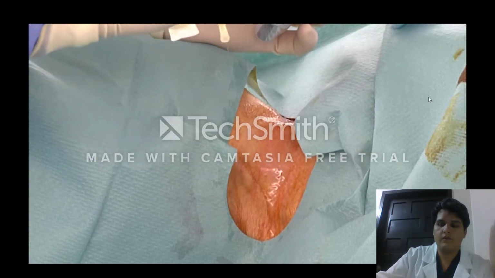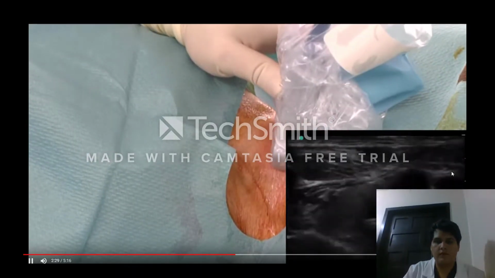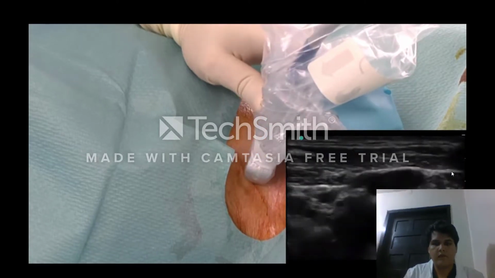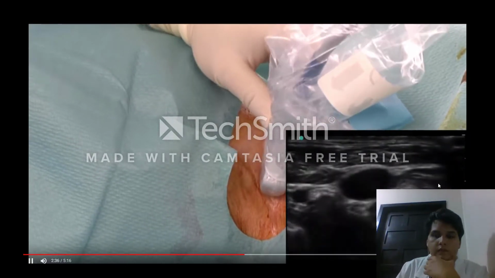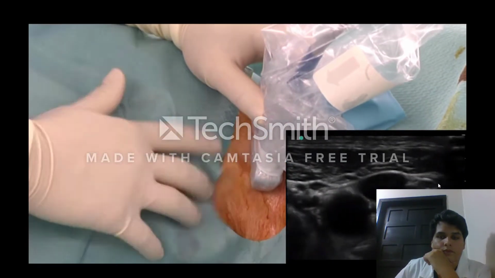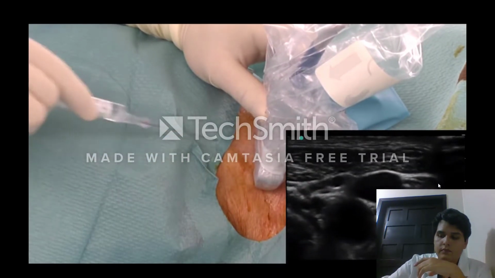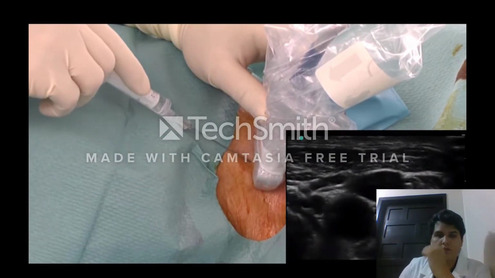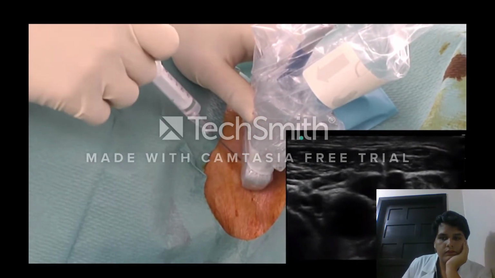Using sterile saline solution as a coupling medium, the internal jugular vein is relocated on the short axis, such that it is located in the middle of the ultrasound image. The Seldinger needle is introduced, out of plane, at the midpoint of the transducer.